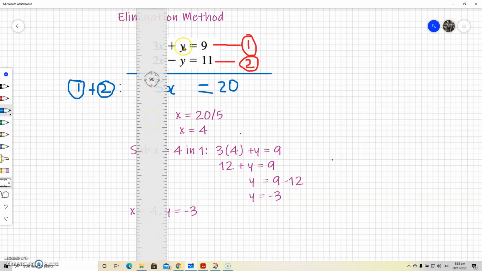So you notice here, you have plus y and negative y. What happens now if this was positive y here? Then it would not be addition, then you have to subtract, because you want to get rid of the variable. This will be illustrated in another example. So stay tuned.